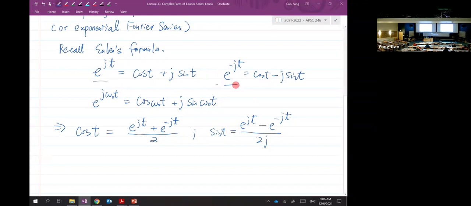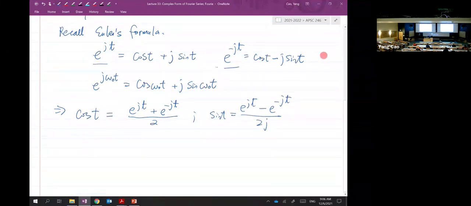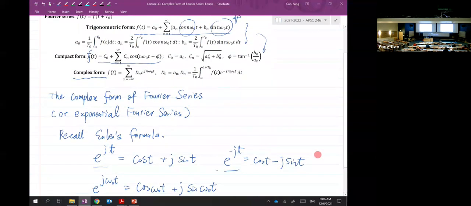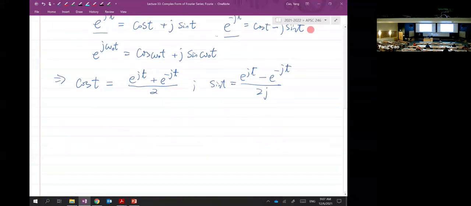All right, so this is Euler's formula. How can we use this information to rewrite this trigonometric form of the Fourier series into a so-called complex form, as we've shown over here? Let's go back to the periodic function.